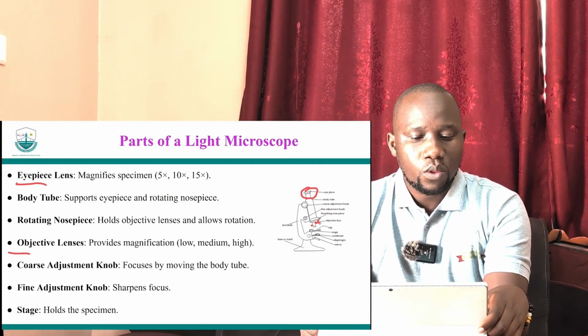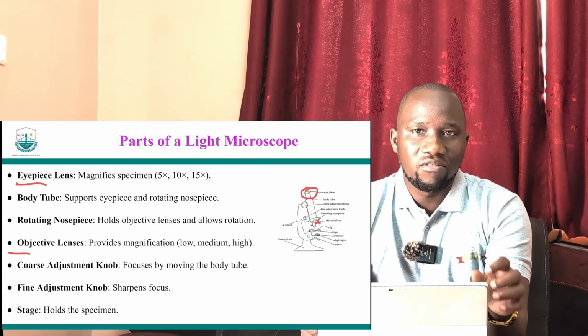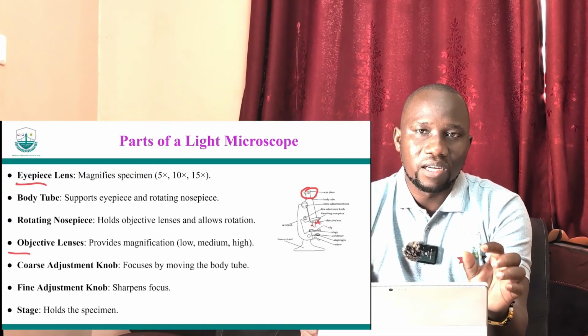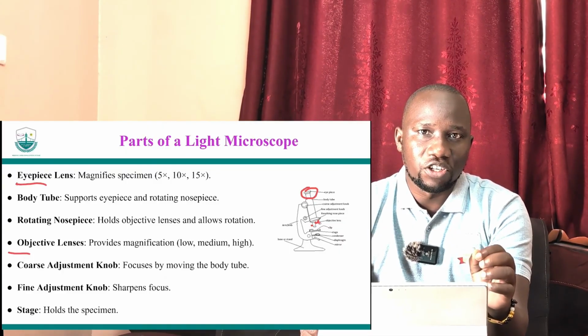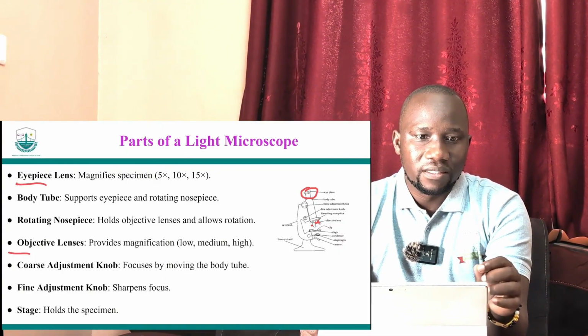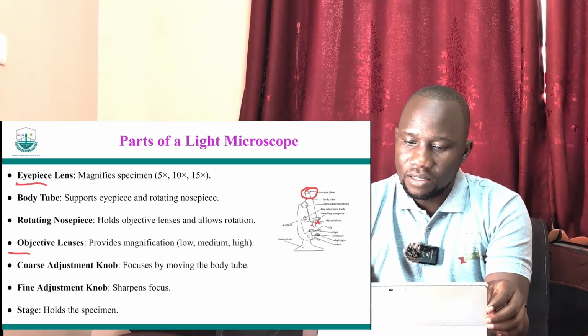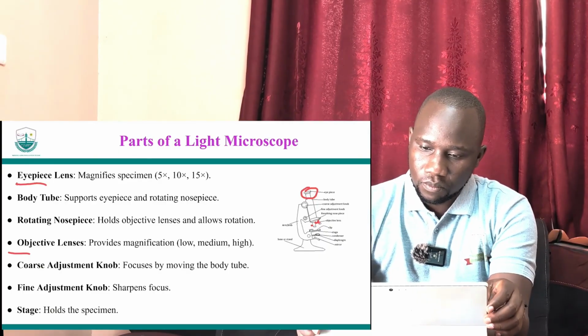So you have 2 lenses that play an important role in magnification: the eyepiece lens and the objective lens.